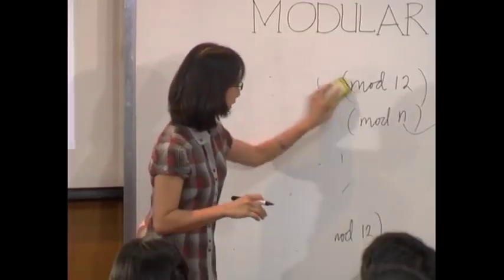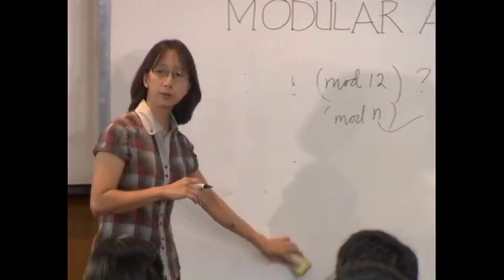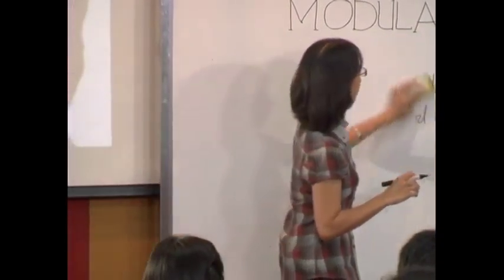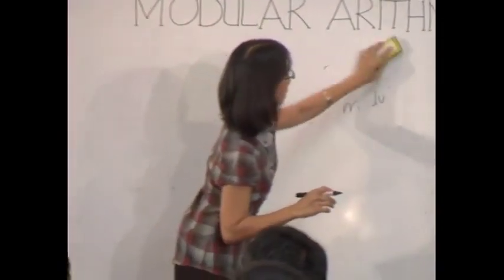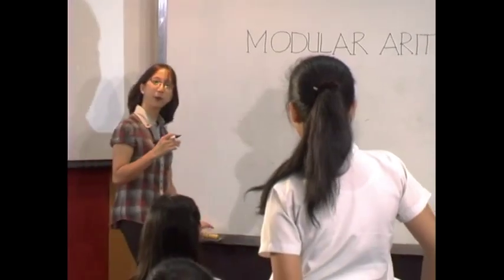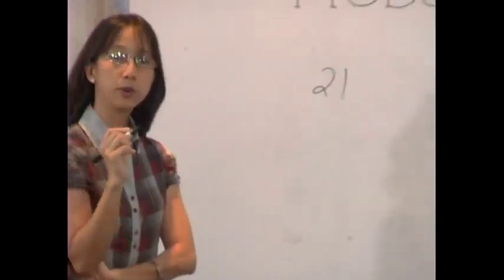Alright. Can you give me your favorite two-digit number? Maritel. One number only, but there has to be two digits. 21. Maritel has 21.